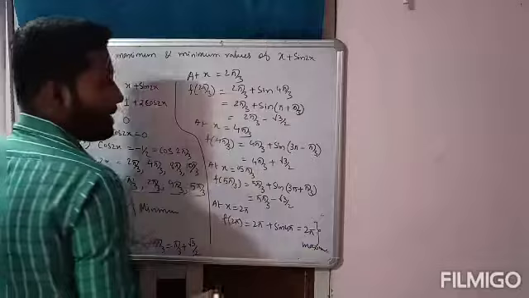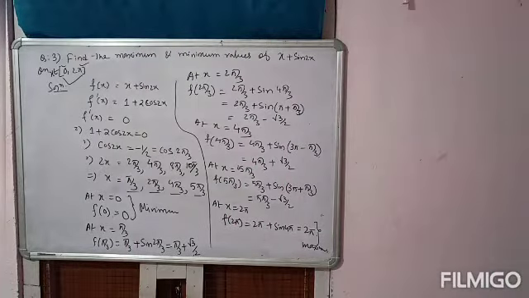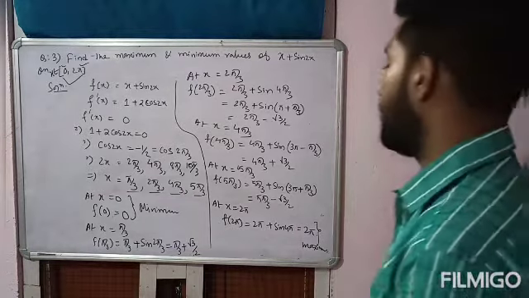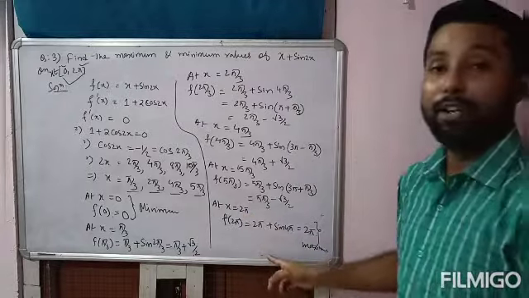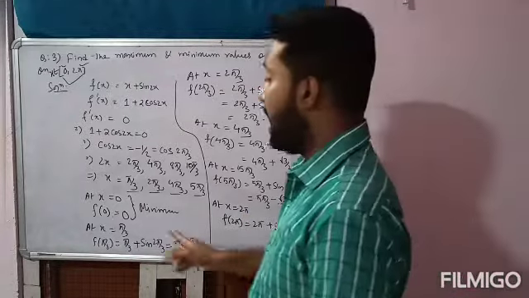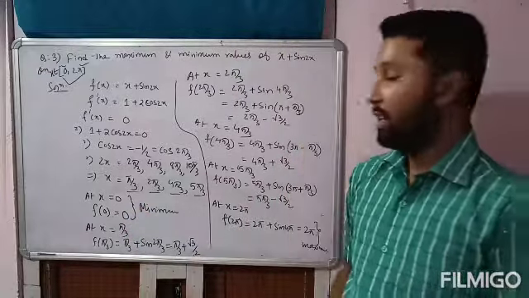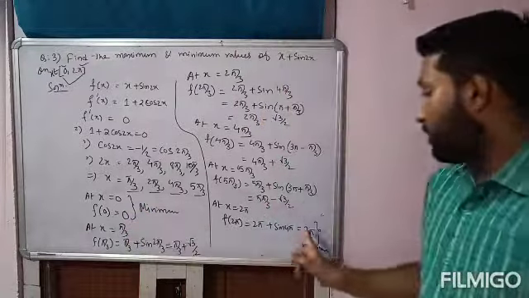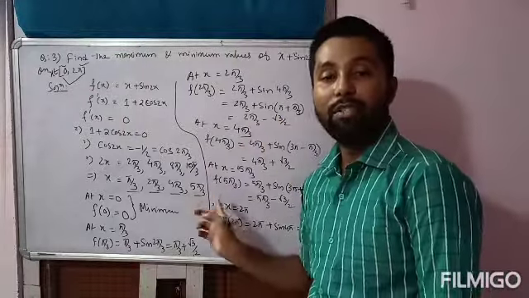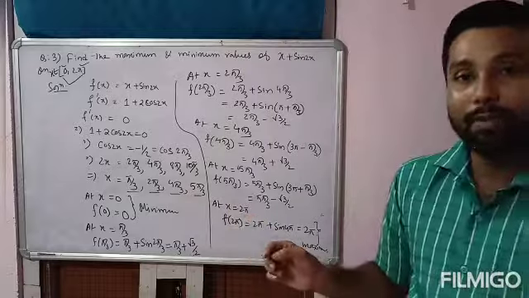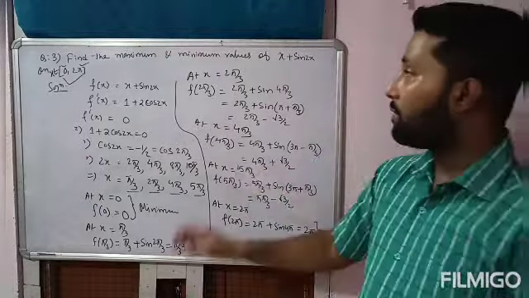Okay, maximum means the greatest value and minimum means, according to this question, the least value. ठीक है, at x equal to twice pi we got maximum value, that means the greatest value, and at x equal to 0 we got the minimum value, which means the least value. ठीक है, 0 और twice pi के बीच में ही बाकी ये सब वैल्यूज होगा. तो ये सब वैल्यूज तो 0 twice pi के बीच में अगर होगा तो मतलब these are not the maximum or minimum value. Okay, so in this way you have to solve this question.